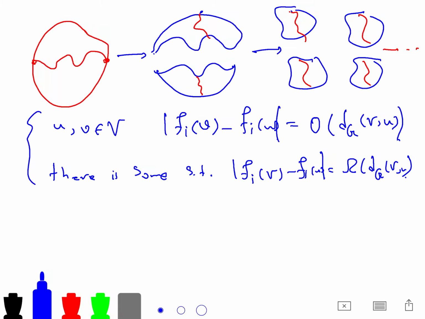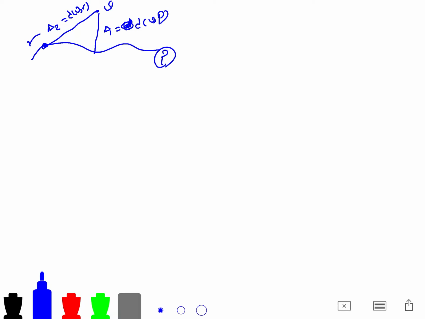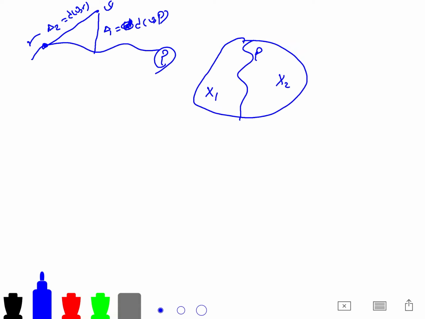So let's see this in action. As I said, we have a path and a vertex. The minimum distance between the vertex and the path is delta 1, so this is the first coordinate, d of v and path. Delta 2 is the distance between v and the root of this path. So for points far from the path, we have clusters x1 and x2.